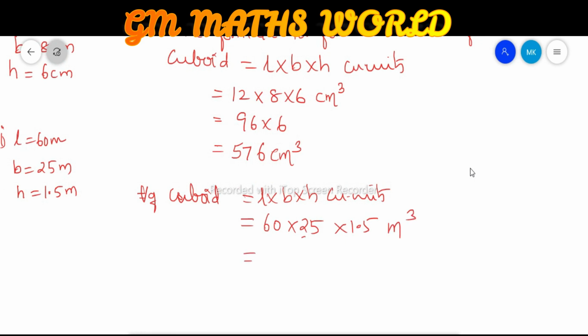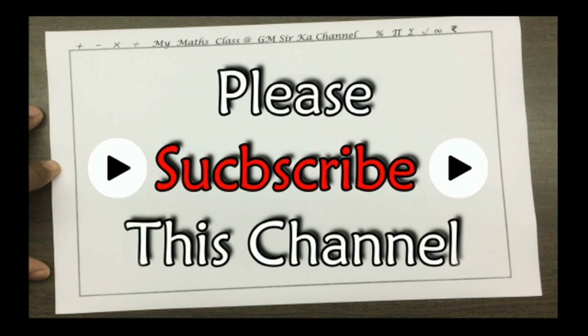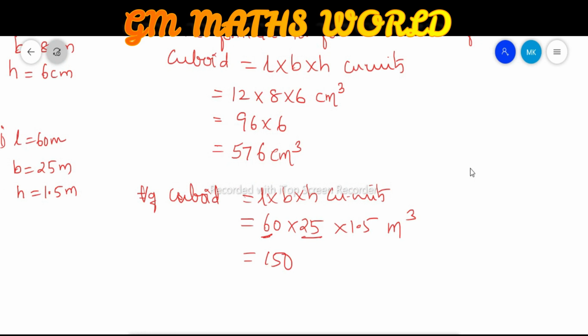Now 25 sixes we already know, it is 150, and this 0 we have to write into 1.5. Because of this one decimal point, 10 we can remove. So it is 150 into 15, and we already know 15 into 15 is 225, and this 10 we have to write at last. So it is 2250 meter cube.